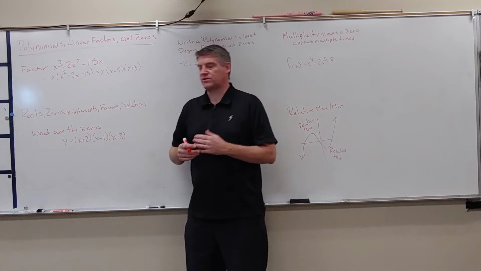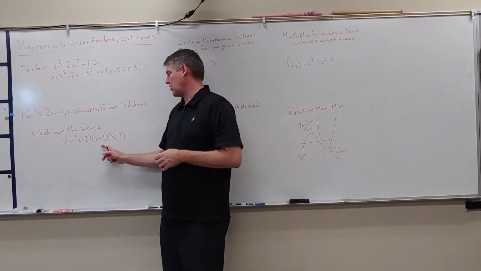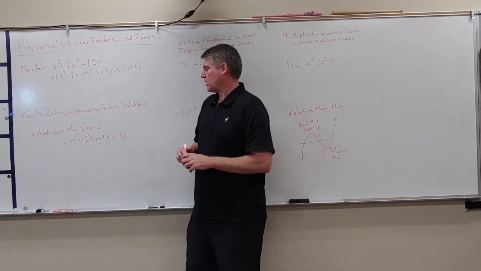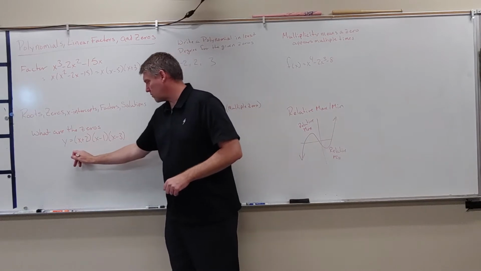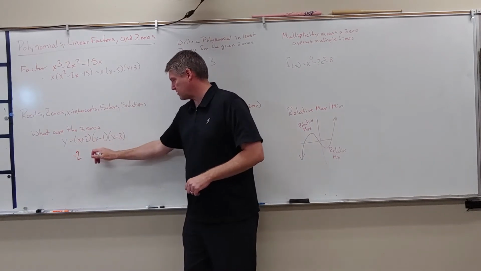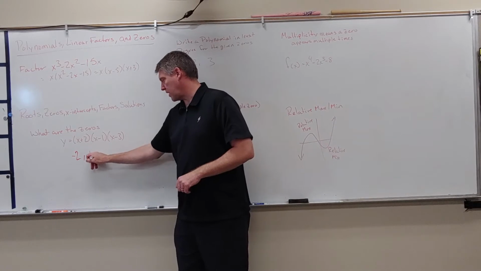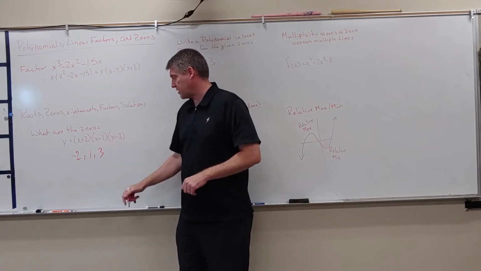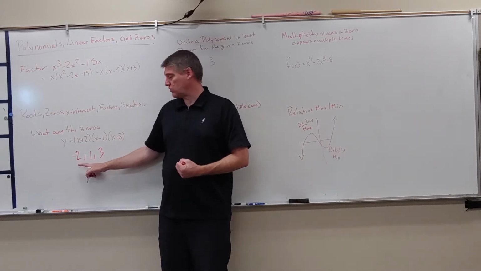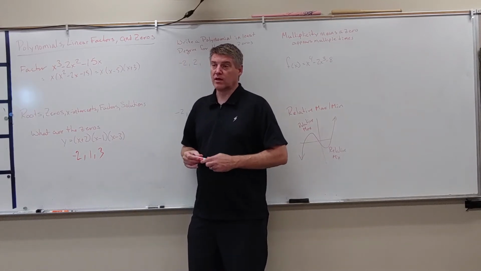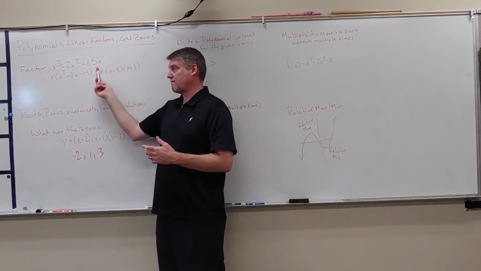So it says, what are the zeros? We're looking at what values here are going to make these zero. What value makes that 0? Negative 2. What value makes this 0? Positive 1, and then positive 3. So my zeros here are negative 2, positive 1, and positive 3. We get those by factoring.